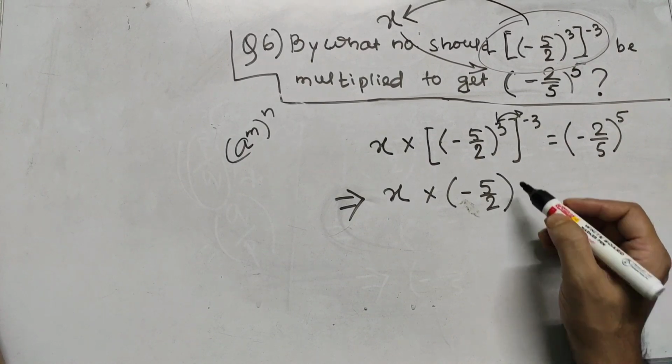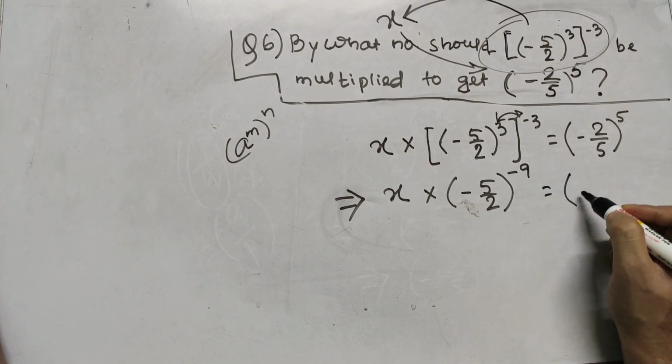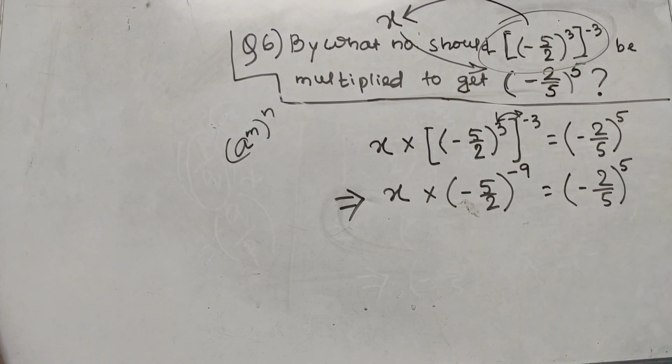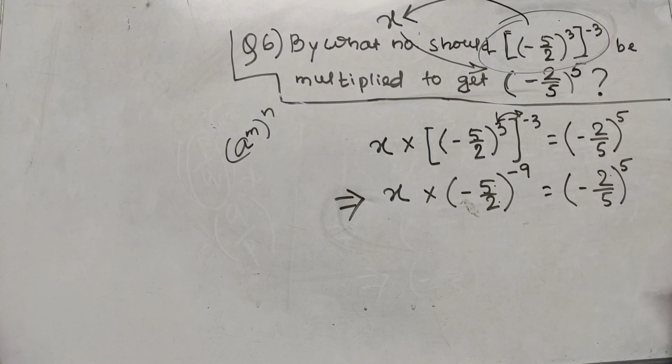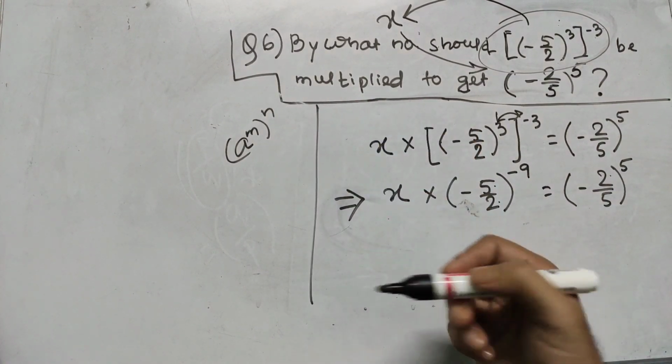What do we have? We have minus 9, equals (minus 2 by 5) to the power 5. Now as you can see, we have 5 by 2 over here, and we have 2 by 5 over here. Now we have to make the base equal in order to calculate. So what do we need to do?